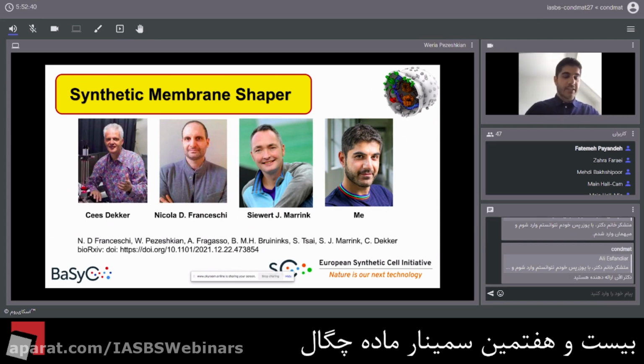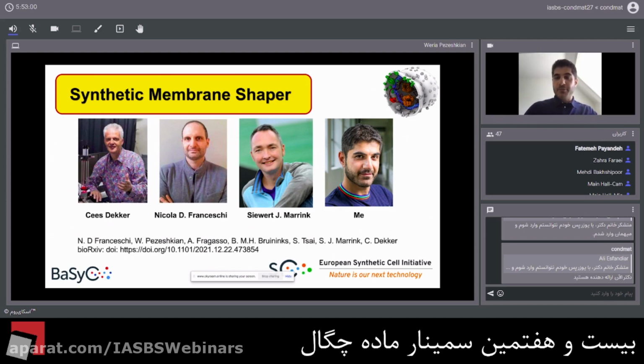And this is part of a consortium in the Netherlands to build a synthetic cell from a bottom-up approach. So eventually just take all the building blocks, put them together, and see if you can create a cell.